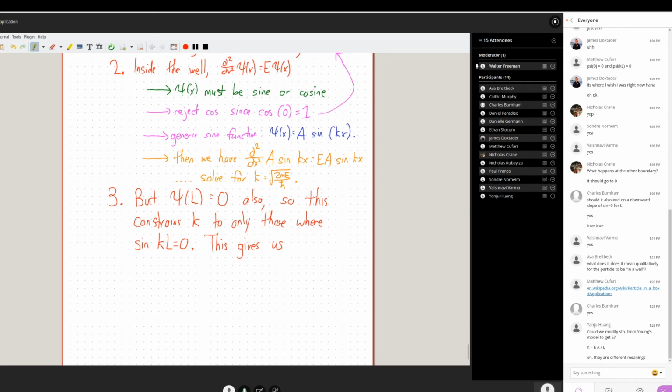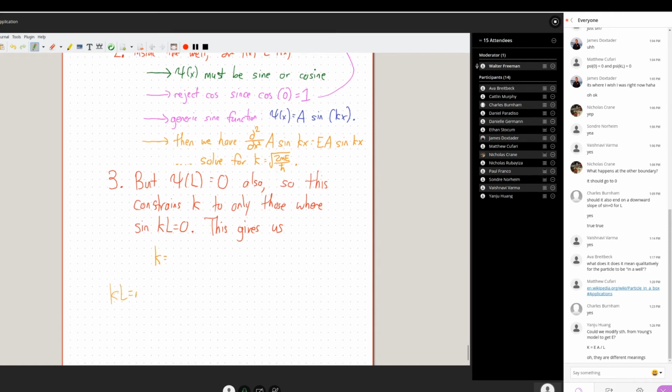So this gives us that KL equals n pi, so K is n pi over L. And if we put this back in, we get psi of x is A sine n pi x over L.